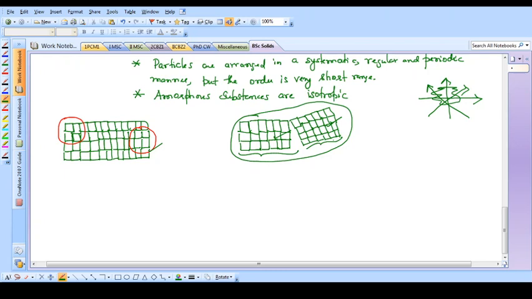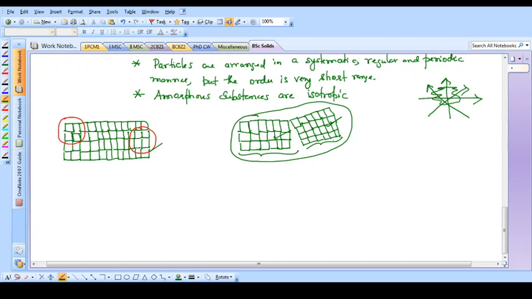What do you mean by a unit cell? What are the different types of unit cell? How to calculate the number of particles in a unit cell? What do you mean by a crystal system? What are the different types of crystal system? What is the concept of Miller indices, Miller planes? Okay, all those have to be understood.